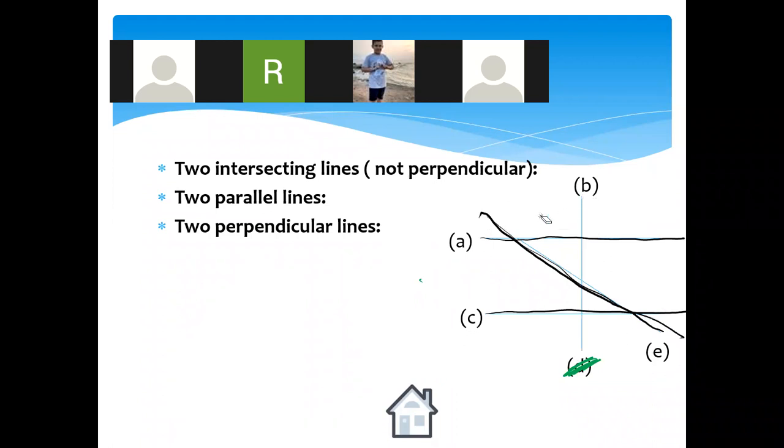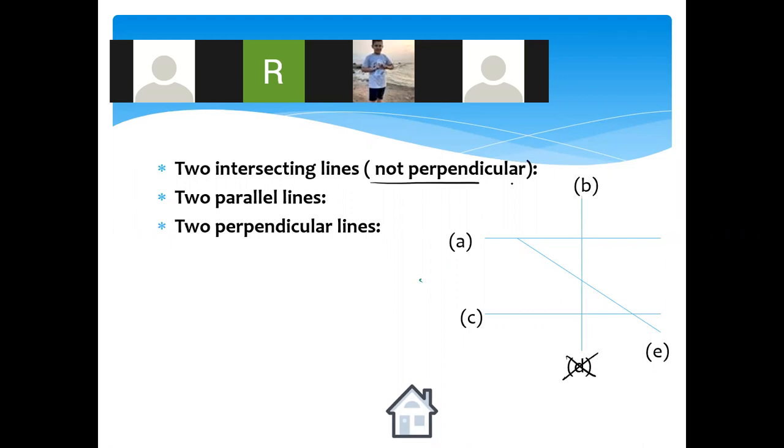The first question is: name two intersecting lines, not perpendicular. Meaning the angle between them should not be a right angle. Here the angle is right and here also it's right.